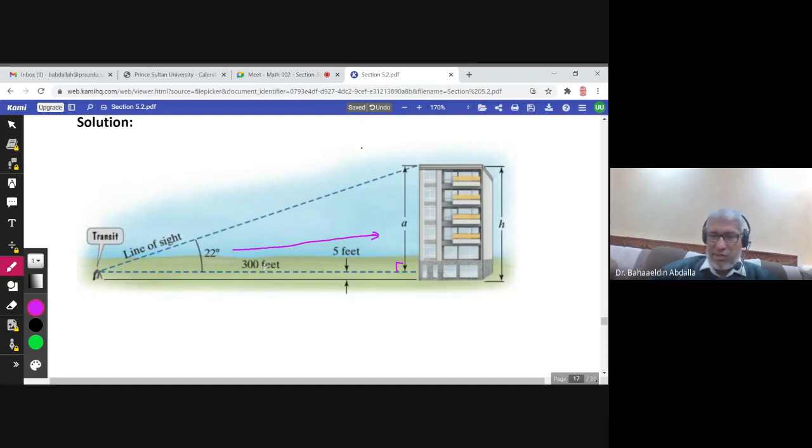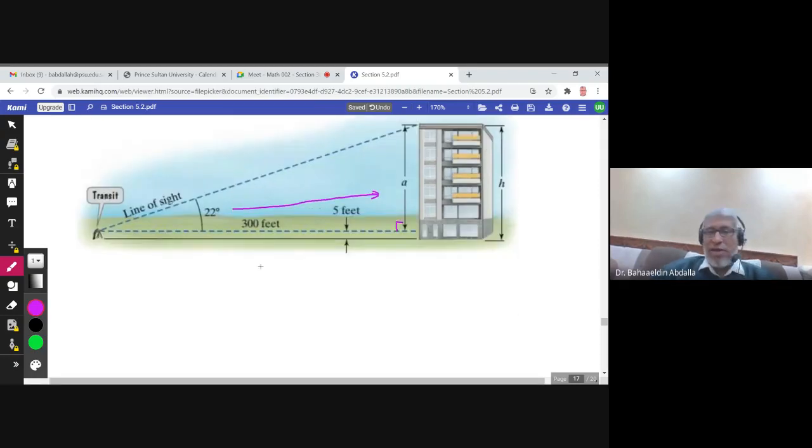If you use SOH CAH TOA, you find that tan theta is opposite over adjacent. Good. So tan 22 would be opposite, which is A, over adjacent, which is 300 feet.